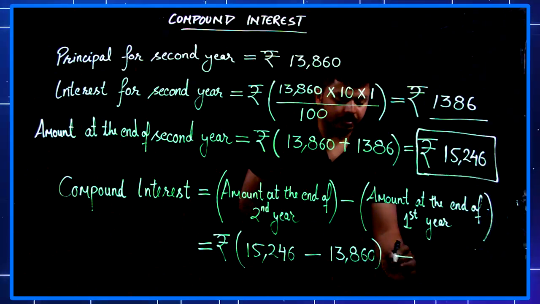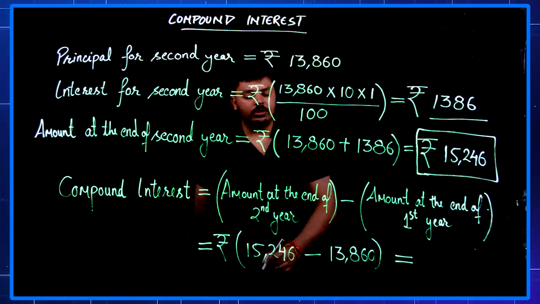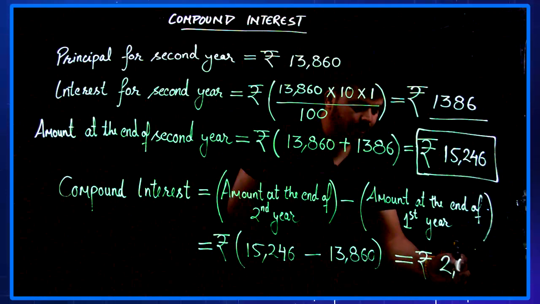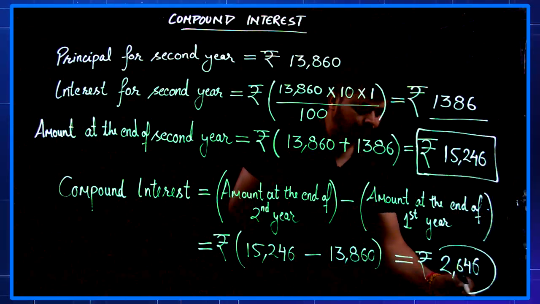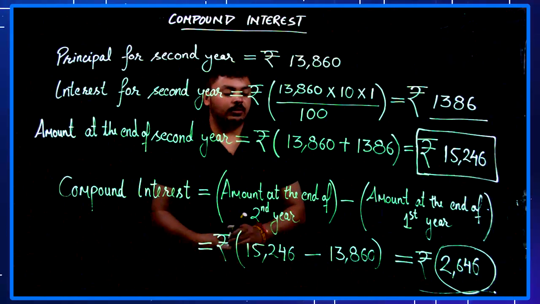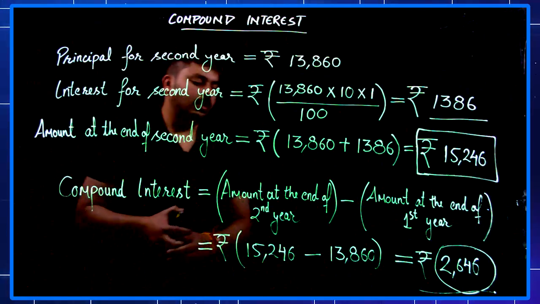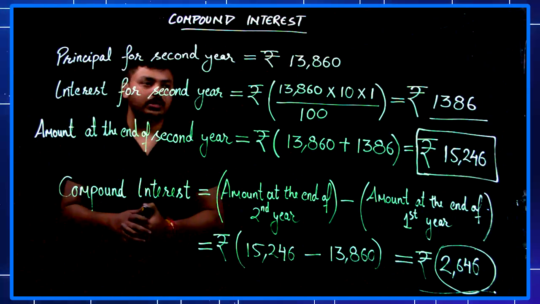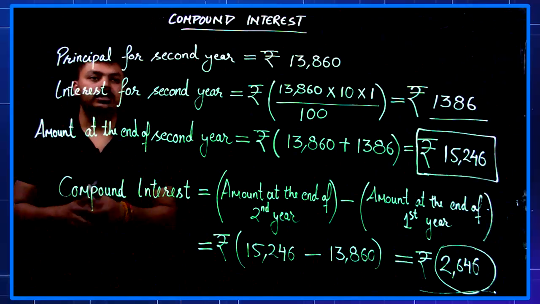So we get our compound interest equals rupee 2,646. So this is the compound interest for 2 years at the rate of 10% per annum when the principal was 12,600.